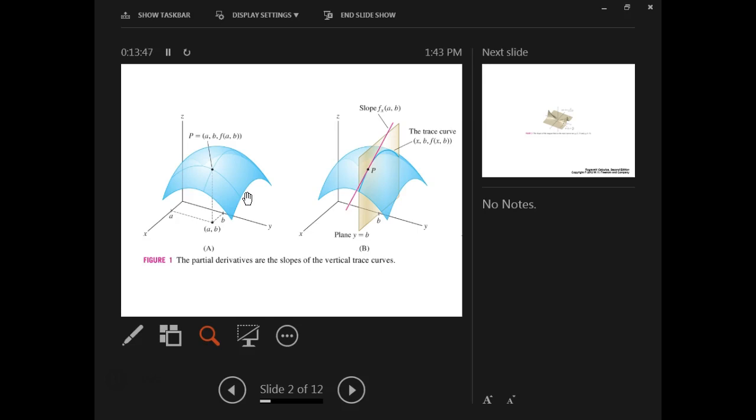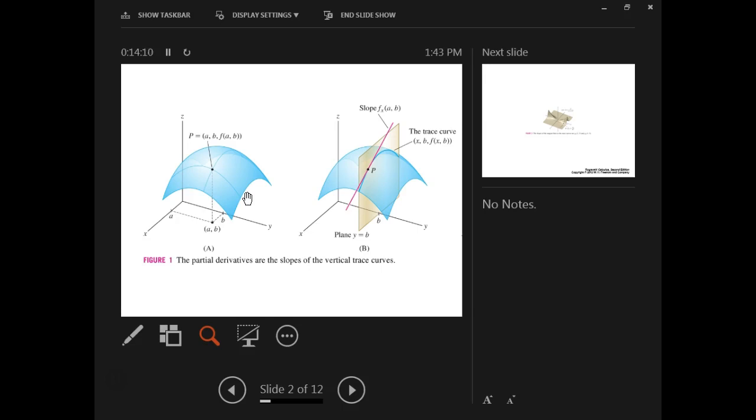This is the sheet. That whole area is the function, but the partial will be the slope at that point along that axis. So this would be the slope right there, along this plane, which is f of x, b. In other words, y is equal to b. That's a plane b units away from y, parallel to the xz axis.